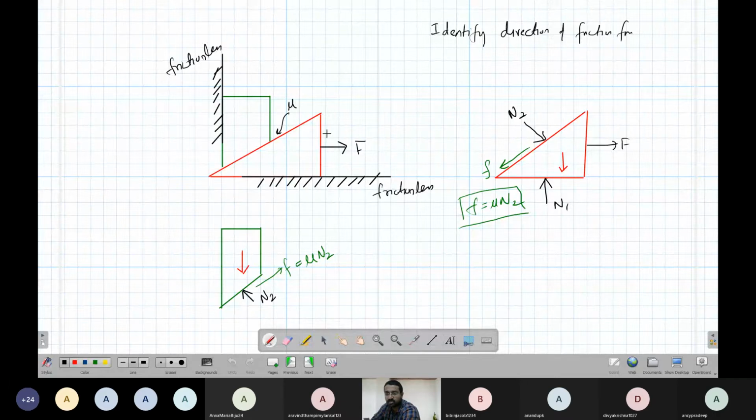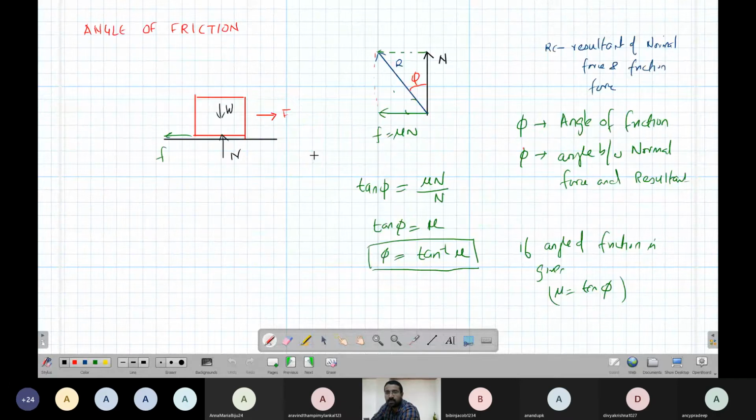Again, we have seen friction direction. Then we talked about the angle of friction. In the question, if mu is given, to get the angle of friction you just have to take tan inverse. The angle of friction is the angle between the normal force and the resultant of normal force and friction, which is equal to tan inverse of mu.